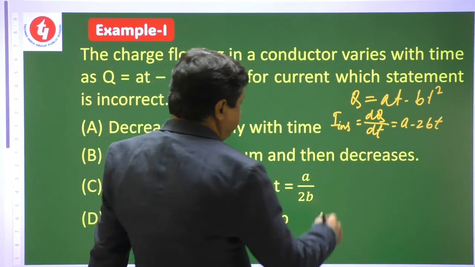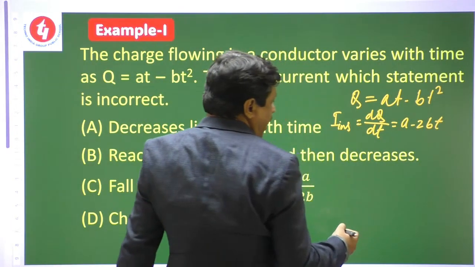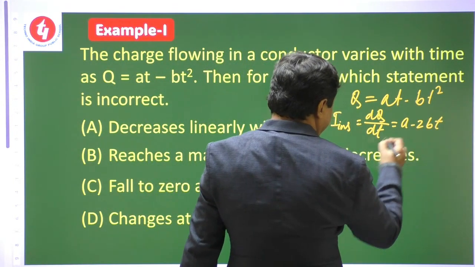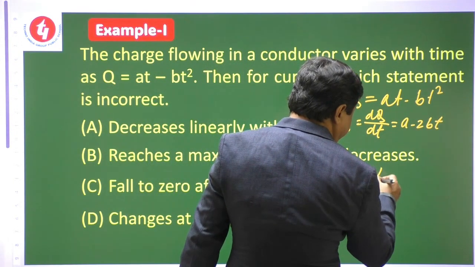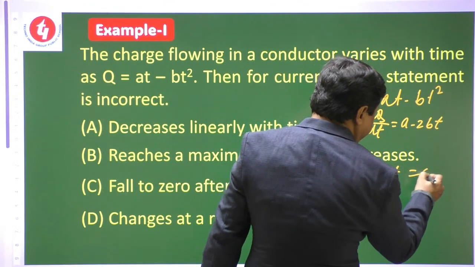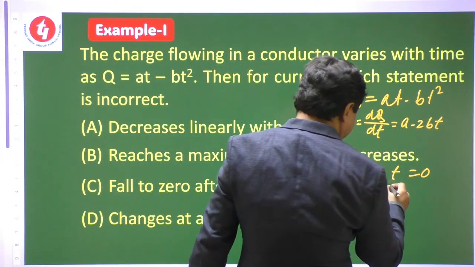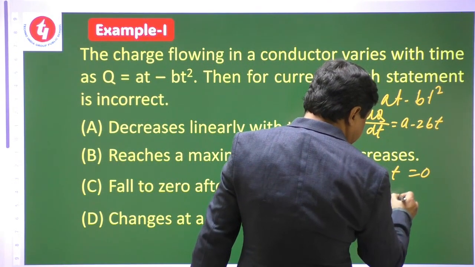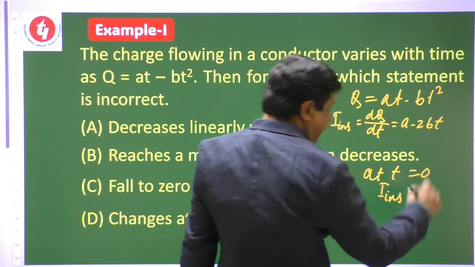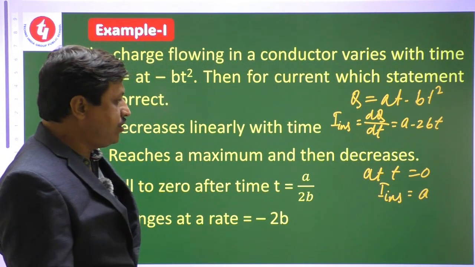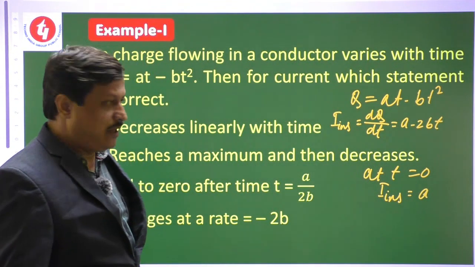At t = 0, the instantaneous current is a fixed value, that is a.